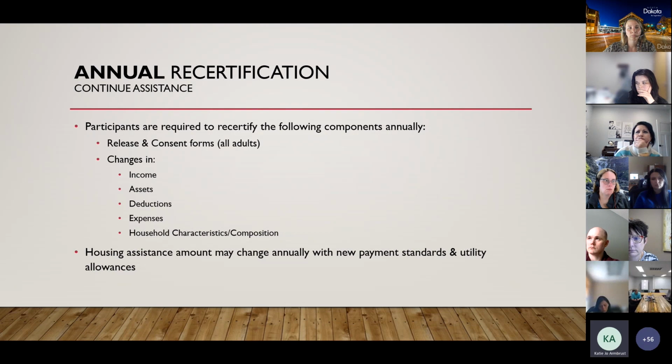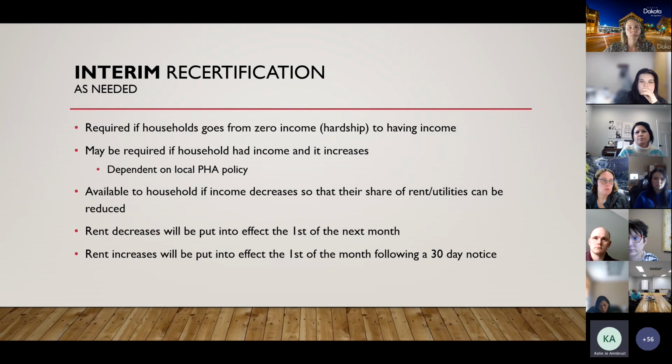Annual recertification: every year, we need to make sure that people are still meeting criteria. It's truly reviewing most of the things that you already did during your initial eligibility. Interim recertifications are only needed as needed.